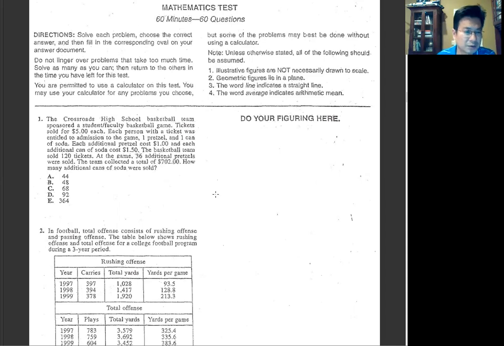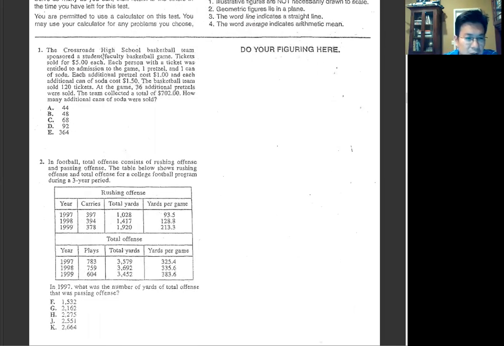Number one. High school tickets sold at $5 each. Each ticket included admission, one pretzel, and one can of soda. Additional pretzels cost $1 and additional sodas cost $1.50. The team sold 120 tickets and additional items, and collected a total of $702. How many additional cans of soda?